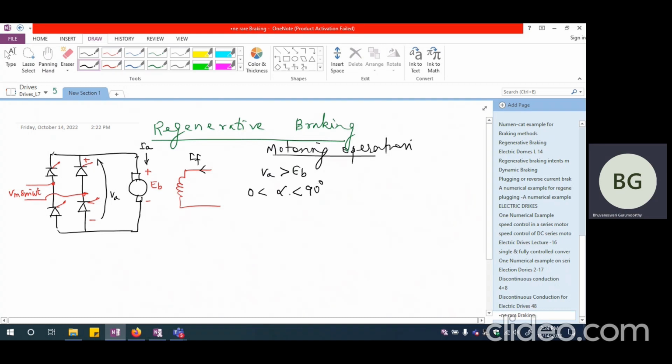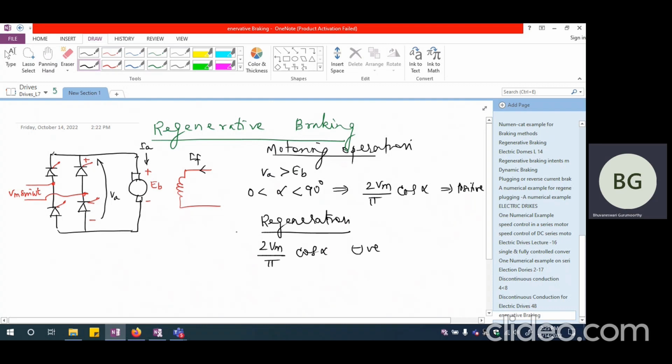So between 0 and 90 degrees, alpha will be existing. So 2 Vm by pi cos alpha is going to be positive. So this is going to be a positive value. Now, if we are looking at regeneration, we said that it can probably be implemented if 2 Vm by pi cos alpha becomes negative.